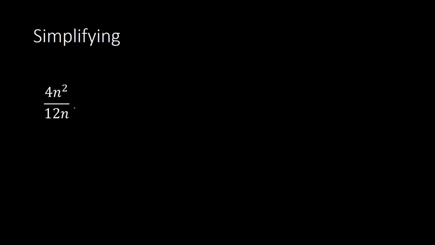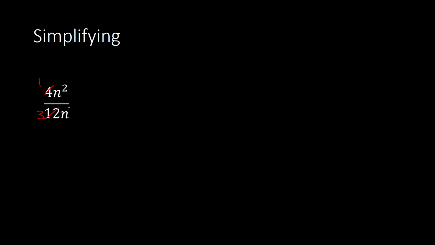Now we throw in some variables. So with the variables, we look at those separate from the number part. So looking at the numbers, the 4 and the 12, I can divide top and bottom by 4. When I do that, I have 1 over 3. And then n squared can divide by n. So to do that, I can subtract the exponents.